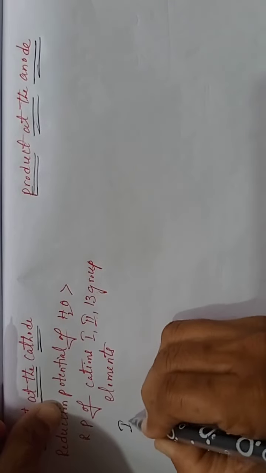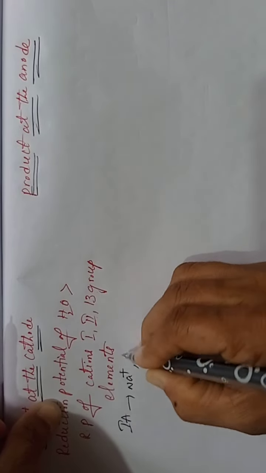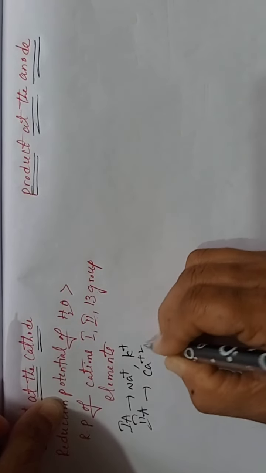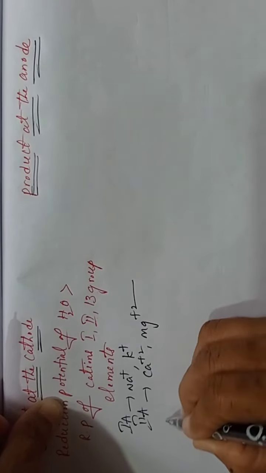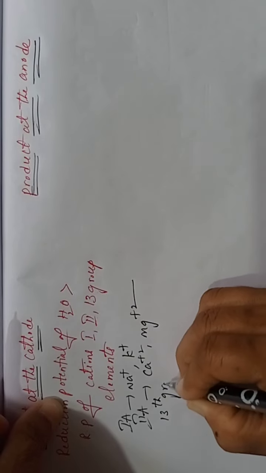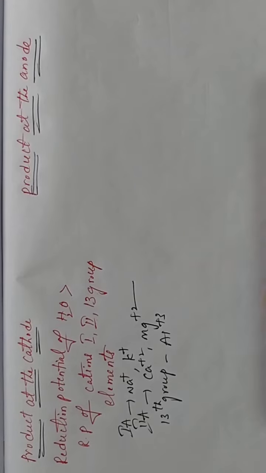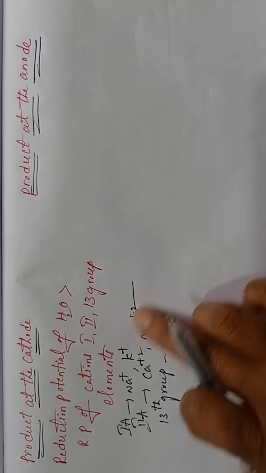First group: Na plus, K plus. Second group: Ca 2 plus, Mg 2 plus. 13th group: Al 3 plus. Suppose these metals are there.